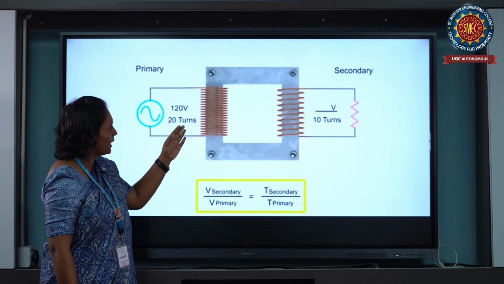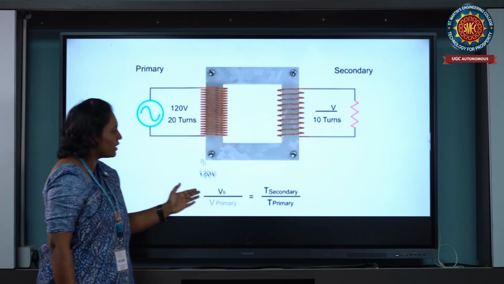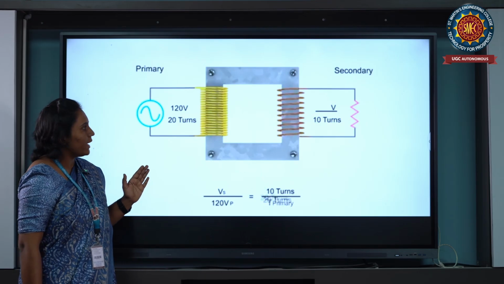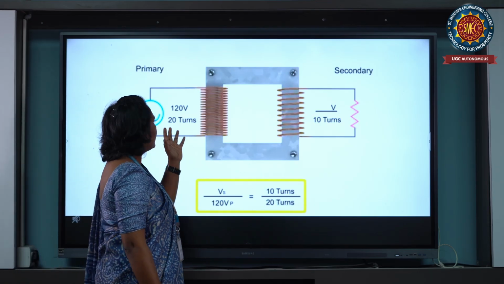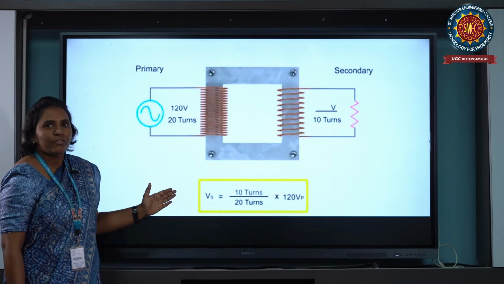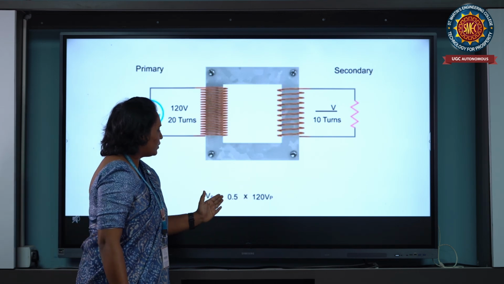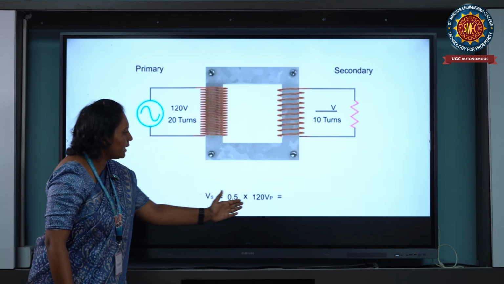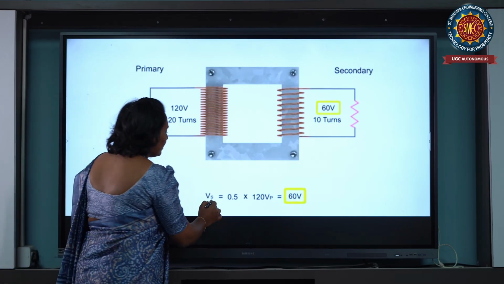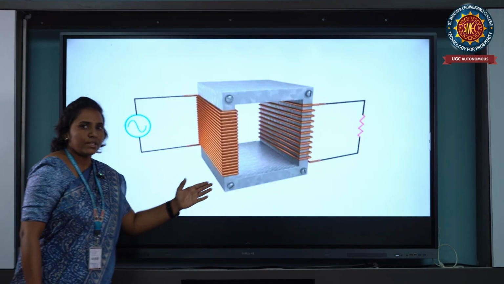The formula is secondary voltage by primary voltage equals secondary turns by primary turns. Taking 10 secondary turns and 20 primary turns, we finally get V equals 0.5 times 120, so the voltage is 60 volts.